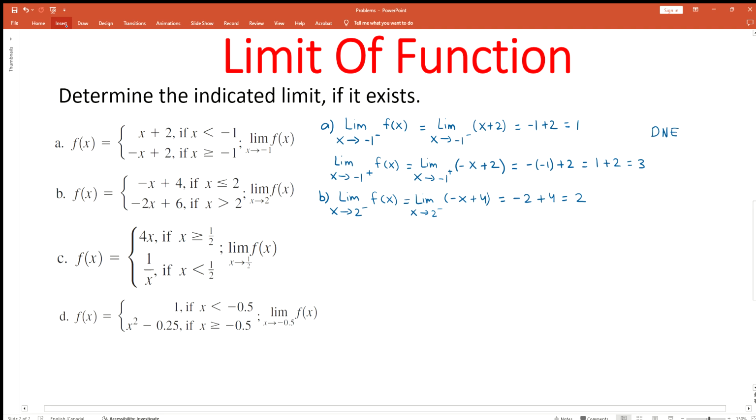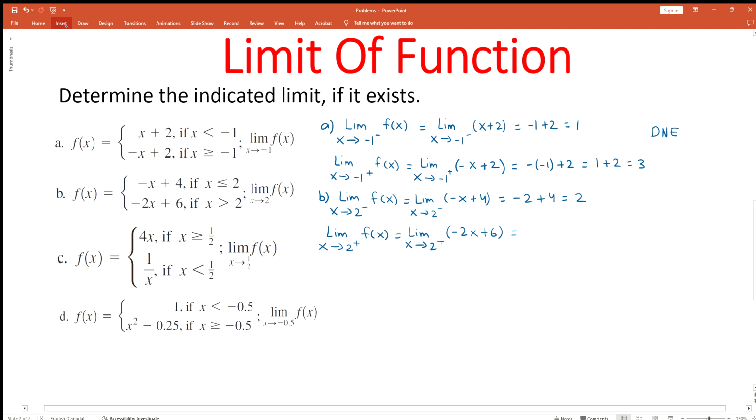Now we can calculate the right-hand limit. We put a small plus sign on 2. For the right-hand limit, we should use the function -2x plus 6 because for this function the domain is x greater than 2. Now we can apply the limit.